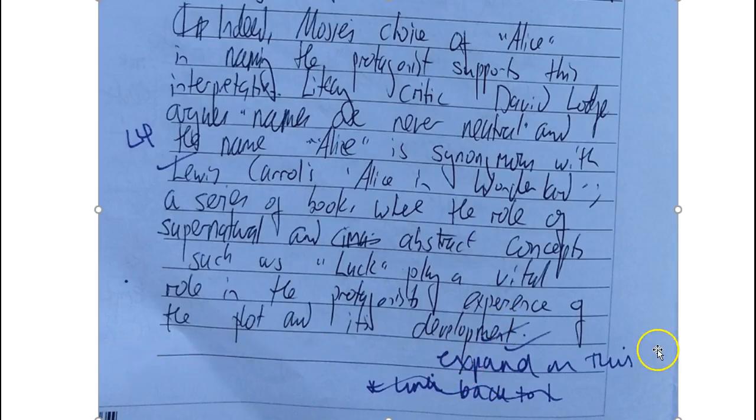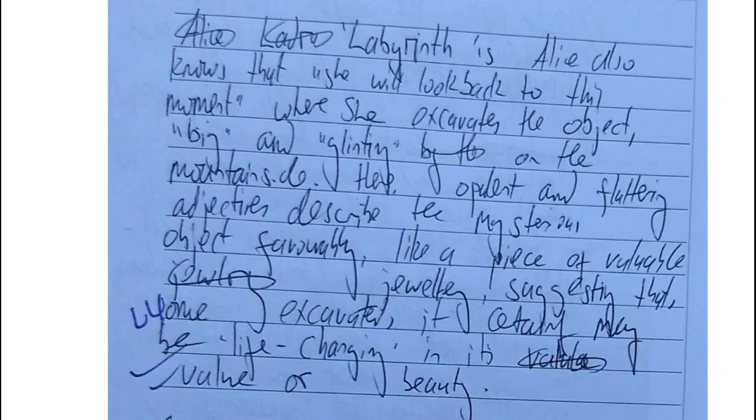So rather meanly, or maybe not meanly, his teacher said expand on this. And what the teacher means here is, well, give me an example from this extract that matches that, yeah? Give me a specific example for me to give you credit. Well, let's see what happens next. Alice, Labyrinth, I think that should say, as Alice also knows that she will look back to this moment where she excavates the object, big and glinting, on the mountainside.